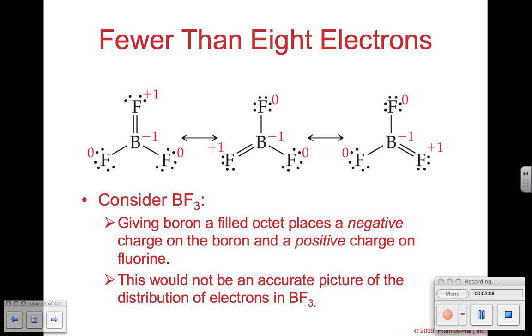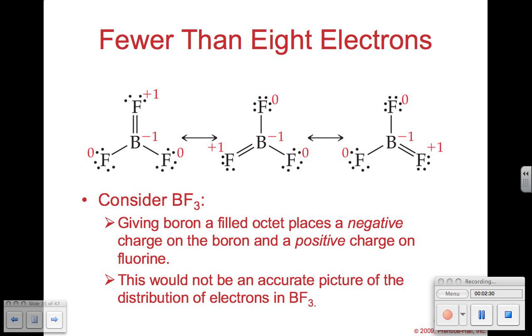But you notice how the formal charges are really off, because boron, being the lower electronegativity atom, carries the negative formal charge, and the fluorines, which are the most electronegative of any element, would carry a 0 or a +1, while the central atom is -1. That just really doesn't fly very well.